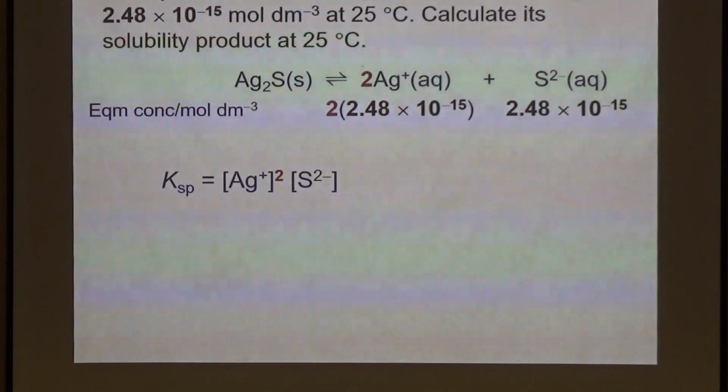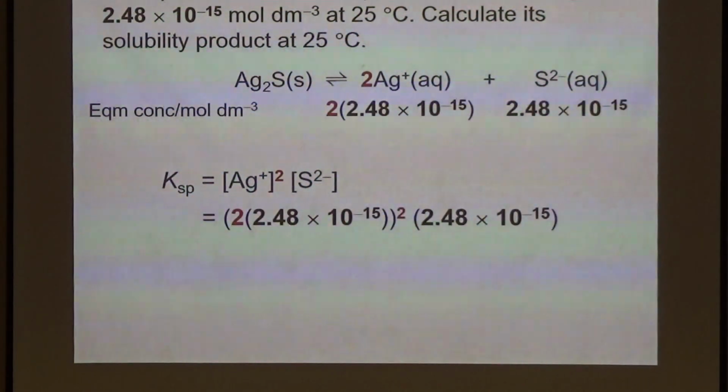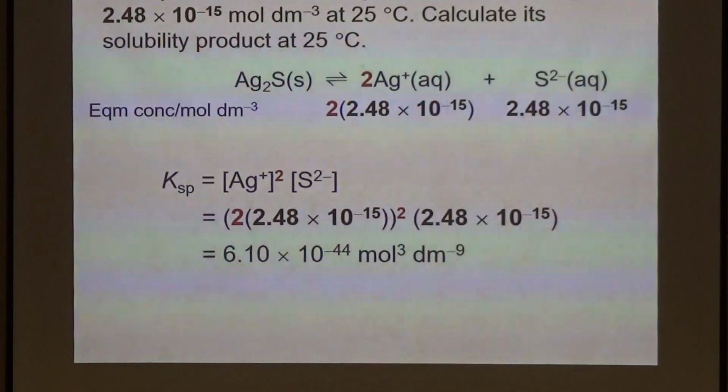that is the expression. Because you produce 2 Ag plus, it should be Ag plus squared and S2 minus. So you substitute that value in, and then you get 6.10 times 10 to the power minus 44.